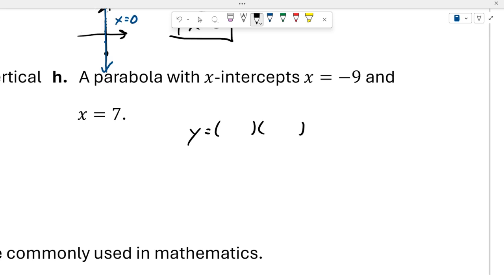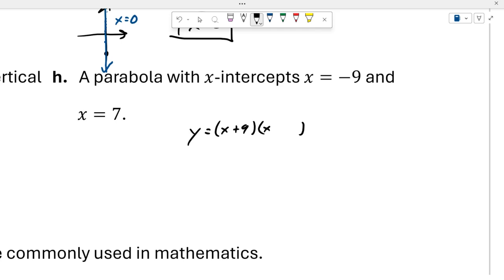It's just like g, it is going to be a parabola, but we're going to use factored form, or intercept form. For each x-intercept, we basically flip the sign. The first one is negative 9, so my first term is going to be x plus 9.